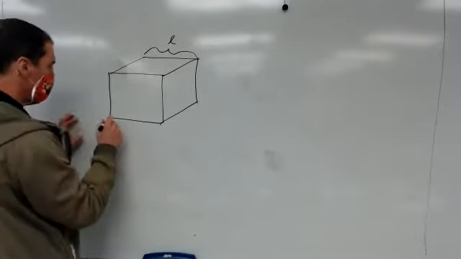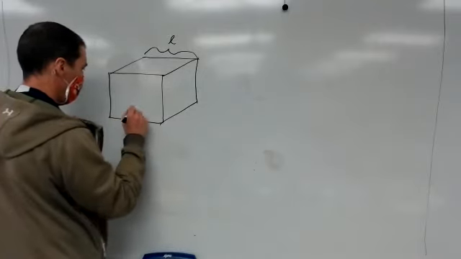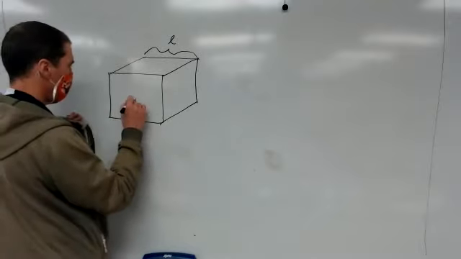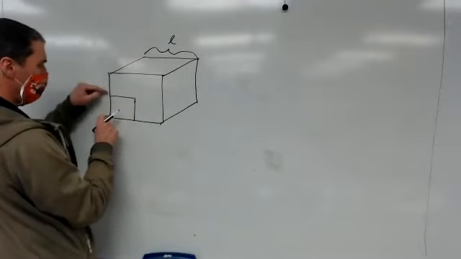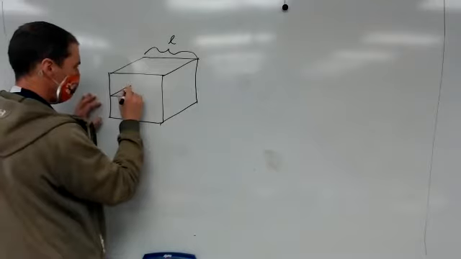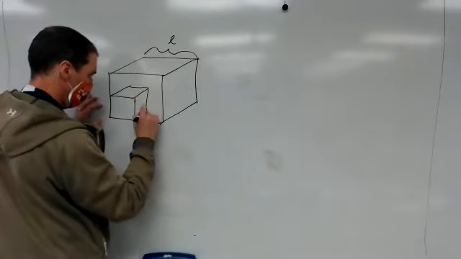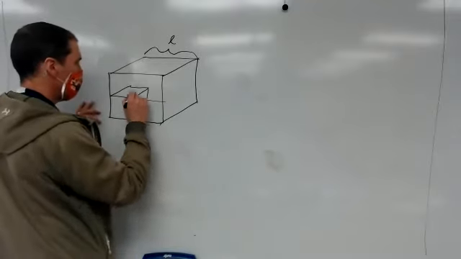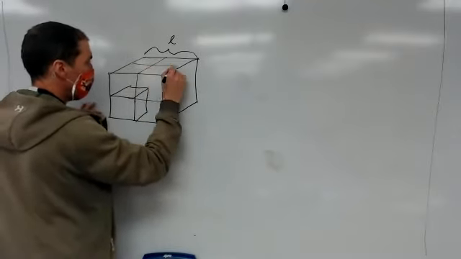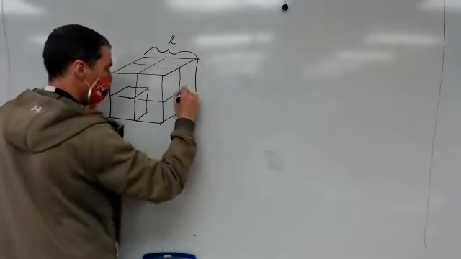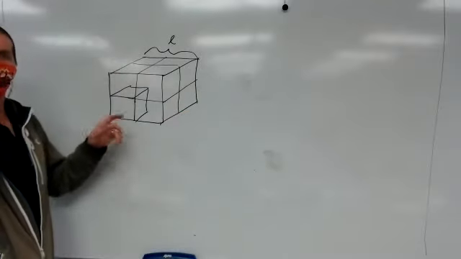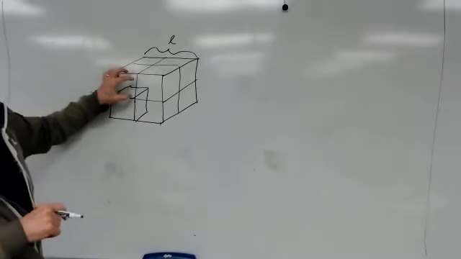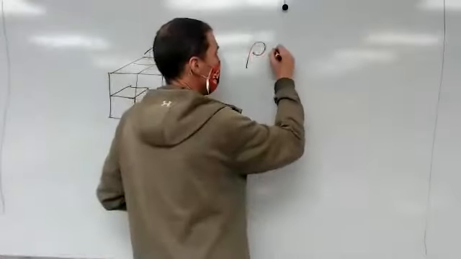In other words, this side is now only half as wide. Same thing with this side, and this side, and so on. So 8 of these fit in there. That means its volume is 8 times smaller, but it has the same mass.